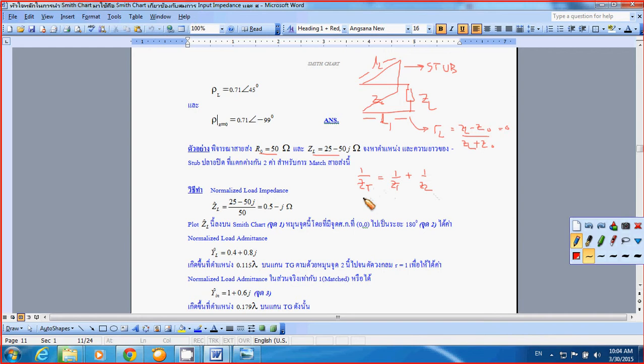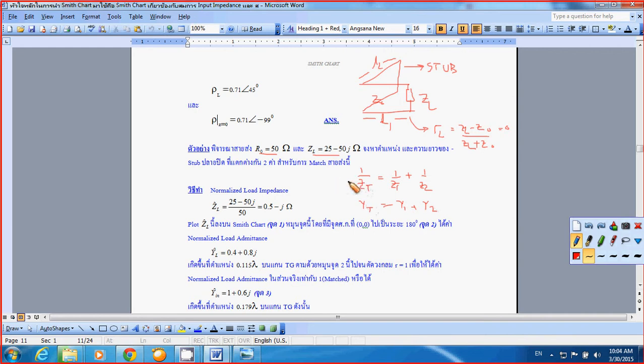So it's better to work on something that we call admittance. YT simply equals Y1 plus Y2, because you just add them up together.